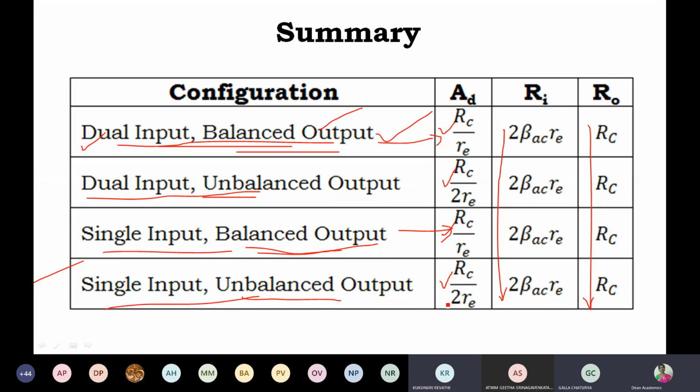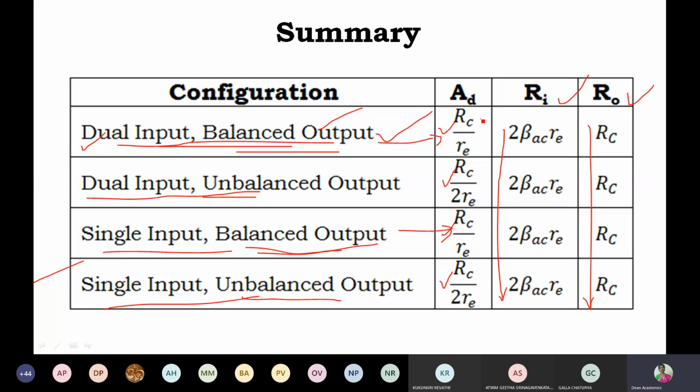Half of the balanced. Right? So single-ended means half, double-ended means full. That you remember. RC by RE is full and half of it is RC by 2 RE. So from this summary, if you observe, everything is the same for all configurations. That means input resistance and output resistance for all configurations is same.